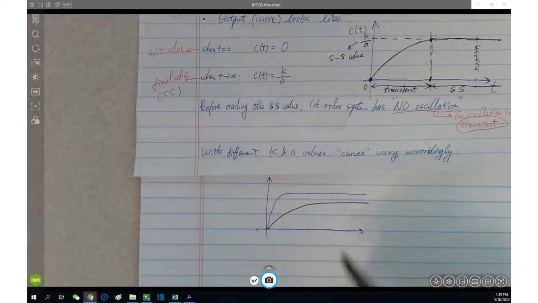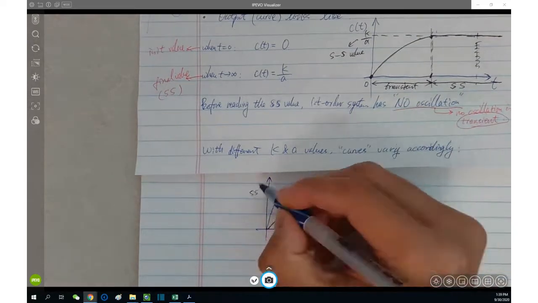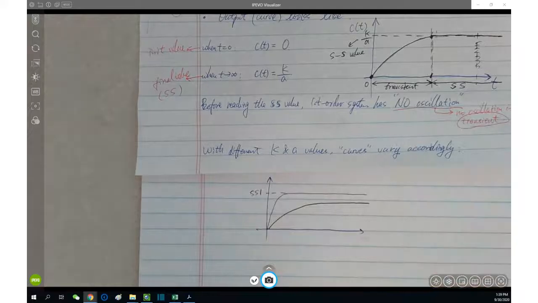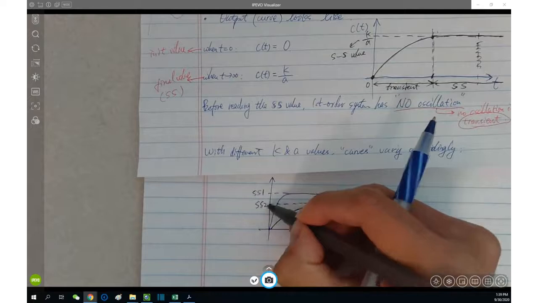What's the difference between these two? Both transient and steady states are different, right? Does it make sense? So the blue one, the steady state value is here, steady state value 1. To the black one, you have the steady state value here, SS2, right?